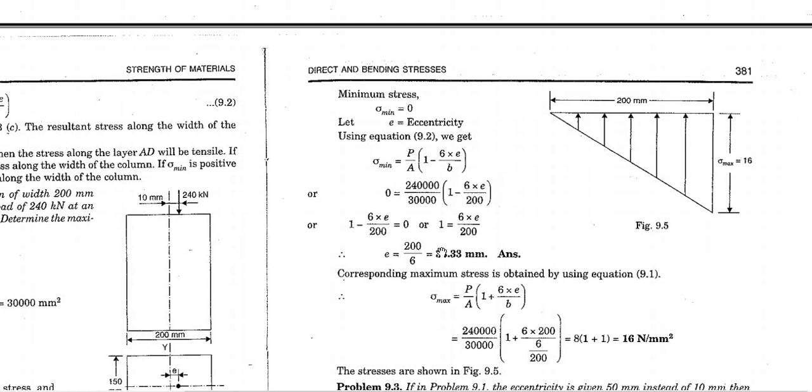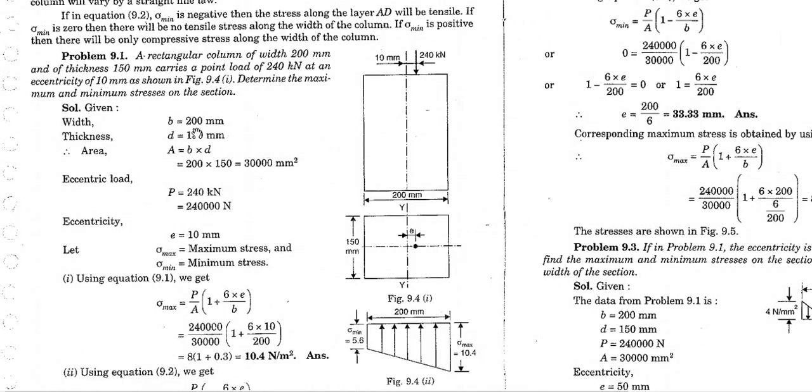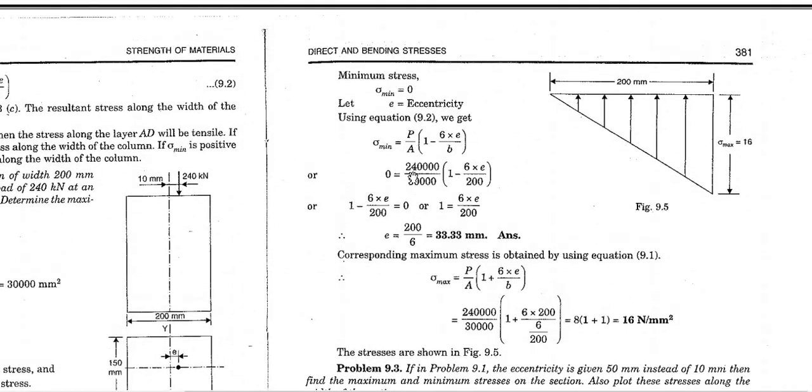So by putting all the values, for the 200 millimeter breadth side, if the eccentricity from the center is 33.33 millimeter, then we can achieve zero minimum stress at this point.